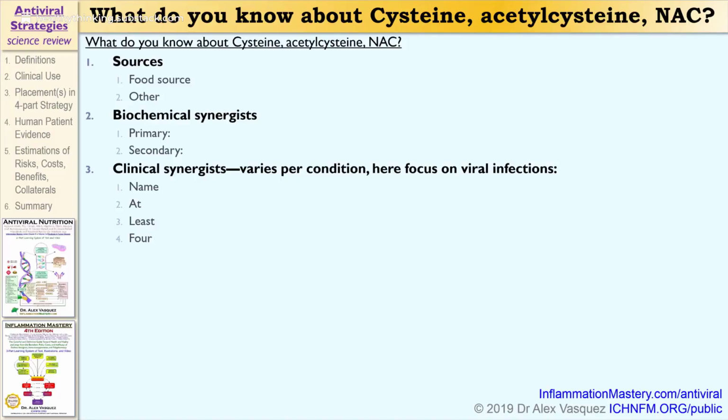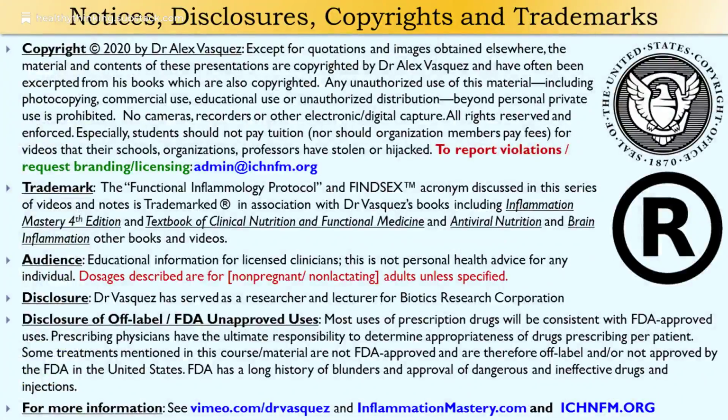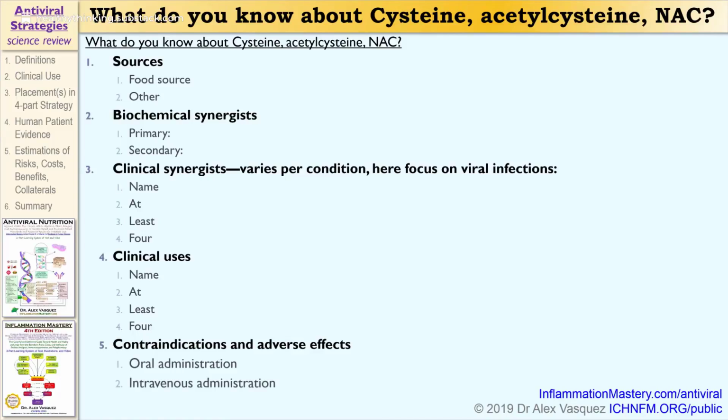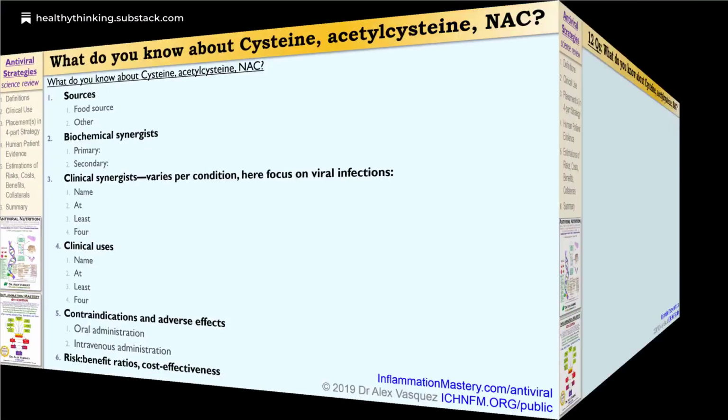So what 4 other treatments could you use with acetylcysteine to help it work better? We could also name at least 4 other clinical uses of acetylcysteine, along with, of course, its contraindications and adverse effects specific to oral administration and intravenous administration. At that point, we should be able to then discuss risk-benefit ratios and cost effectiveness.